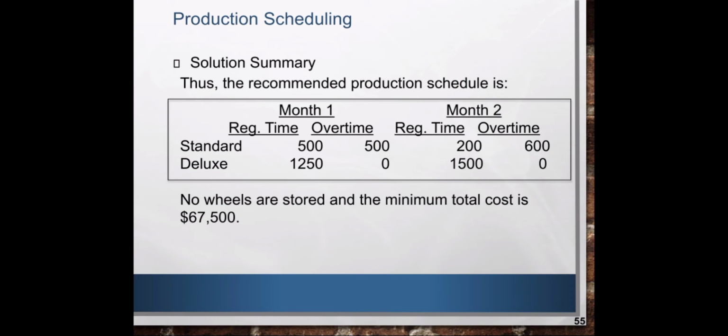And for month 2, regular time for standard is 200 and regular time for deluxe is 1,500, and for overtime, 600 for standard and 0 for deluxe. So no wheels are stored and the minimum total cost is $67,500.